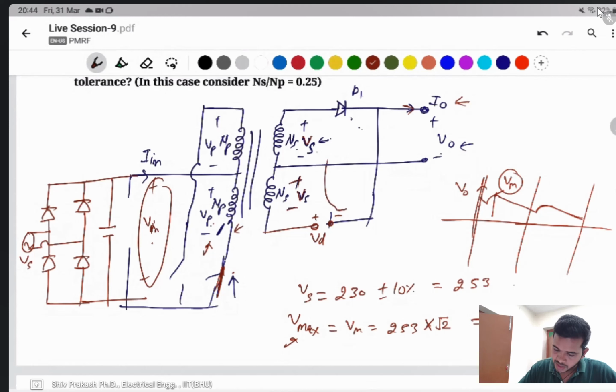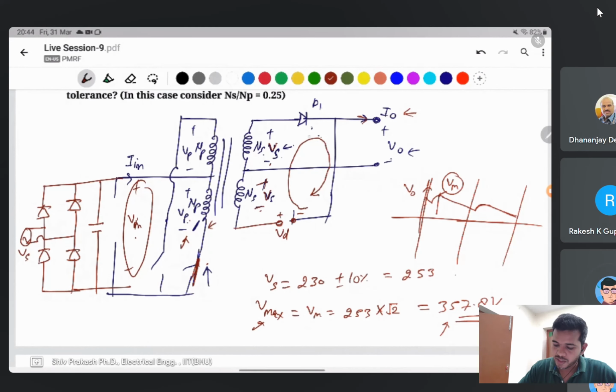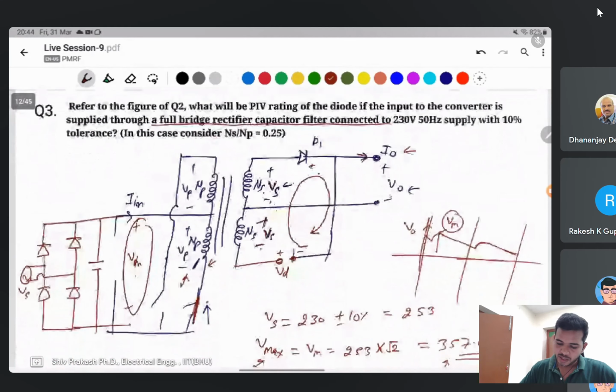This voltage is like that, minus VS, so 2 VS. Now you can say this is the voltage of the diode. If a diode drop is taken, then this voltage is also taken, 0.5 volt.